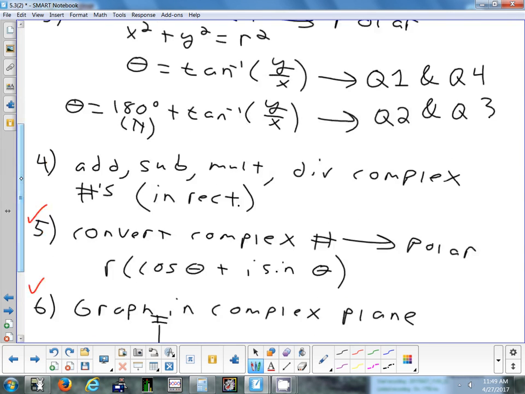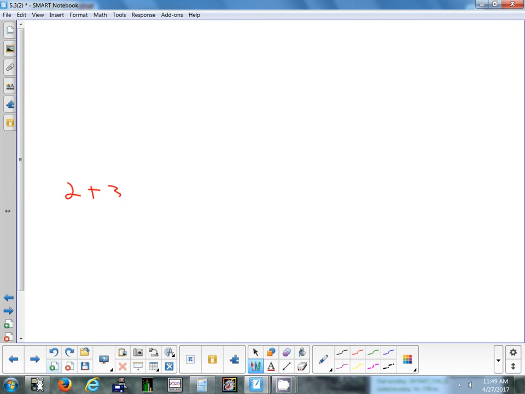Okay, just be careful on number 4 when you add and subtract. Would you do FOIL for something like this? No, you don't FOIL that because there's a minus sign. Okay. What would you get if you do that out? What would be your real part? -2. Yep, -2.